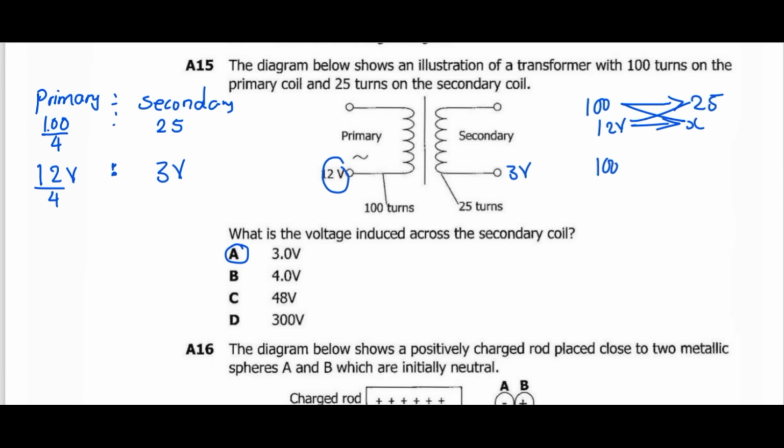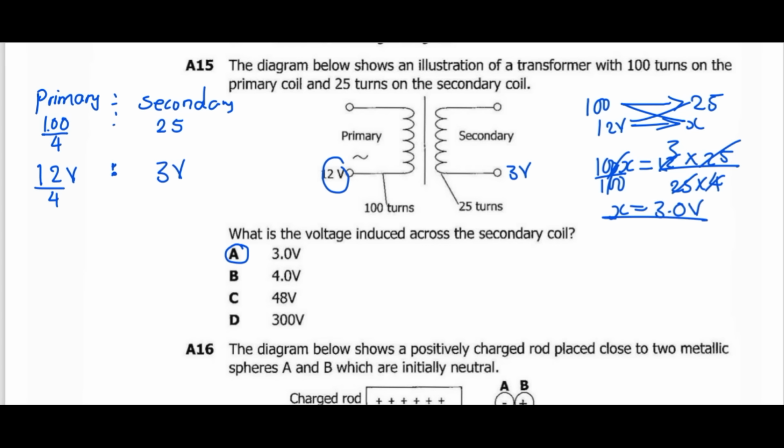So this will give us 100x is equal to 12 times 25. Then 100 over 100 is the same as 25 times 4. So if we cancel this 25, 4 here is 1, 4 here is 3, we still get the same 3.0 volts.